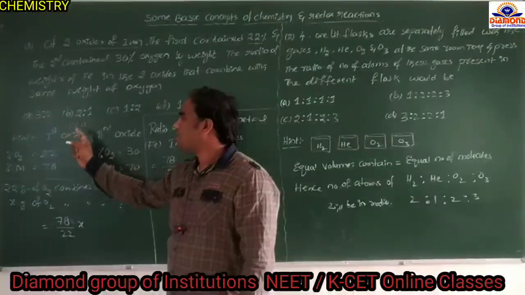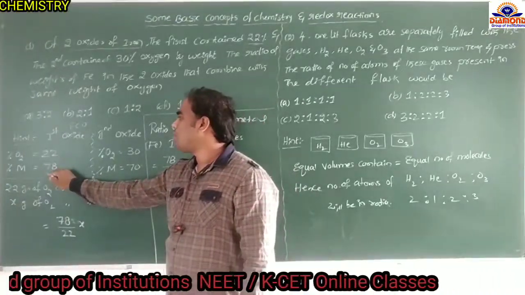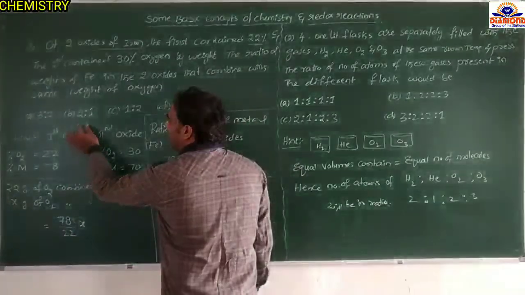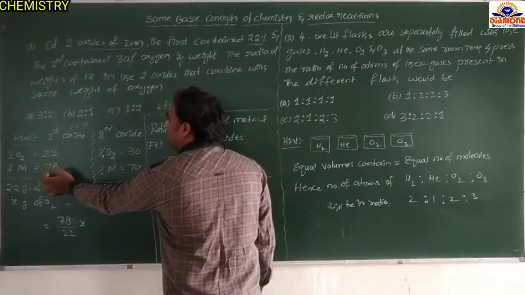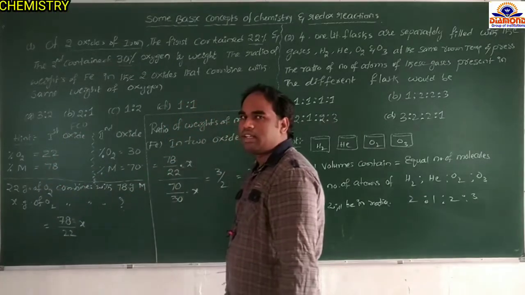Therefore, the iron, or metal, percentage is 100 minus 22, which is 78. So in the first oxide, oxygen is 22 percent and the metal, iron, is 78 percent.